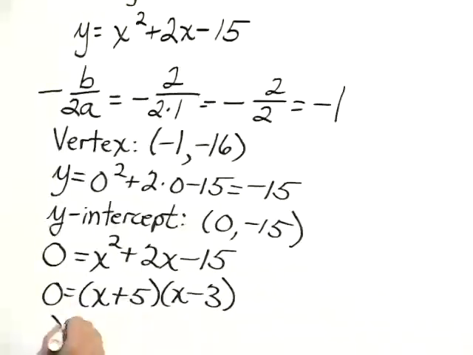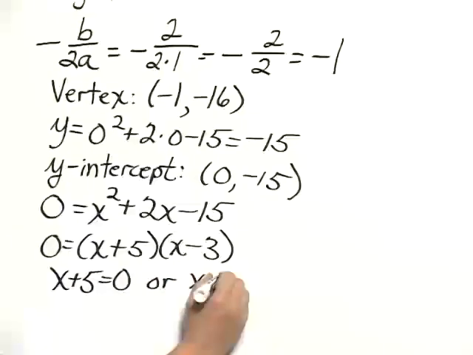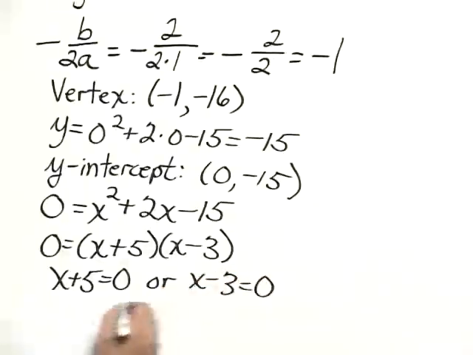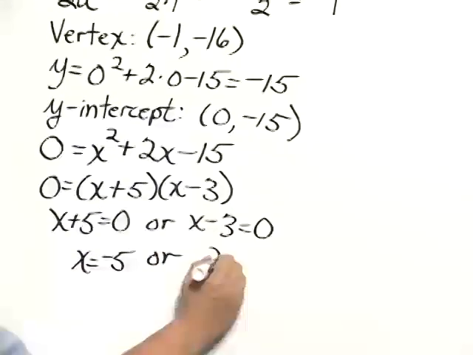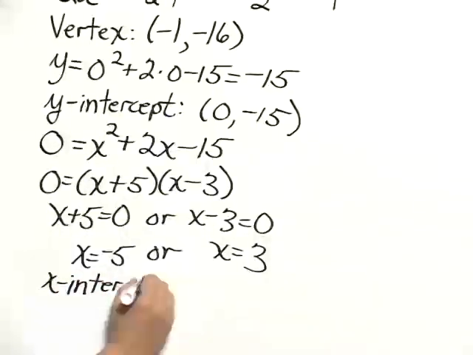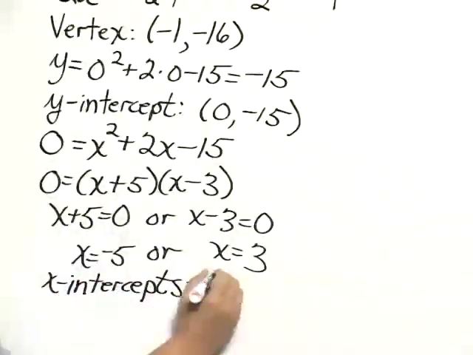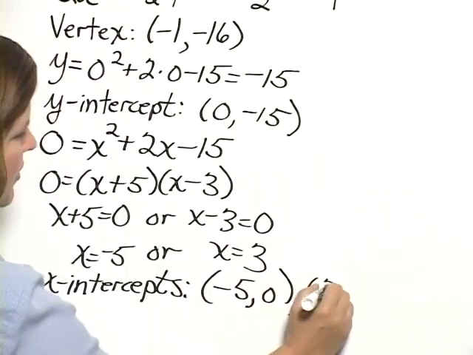We have x plus 5 equals 0, or x minus 3 equals 0. And that gives us x equals negative 5, or x equals 3. So that gives us 2 x-intercepts. That would be negative 5, 0, and 3, 0.